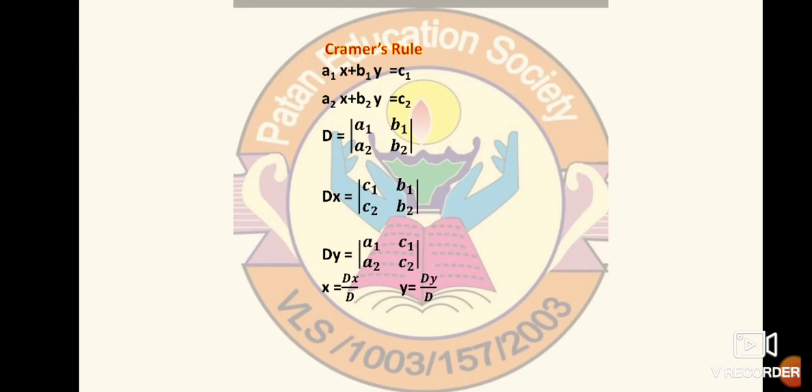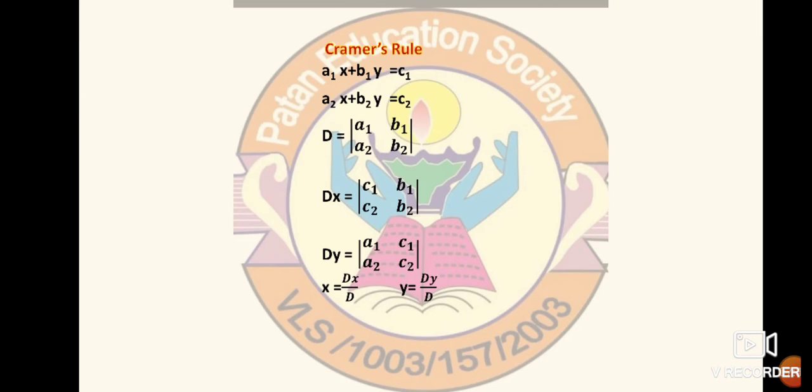Now in Cramer's rule, you need to calculate 5 values. First is d, then dx, dy, then x, and at last y. Again I am repeating: d, dx, dy, x and y. These 5 values you need to calculate while solving Cramer's rule.